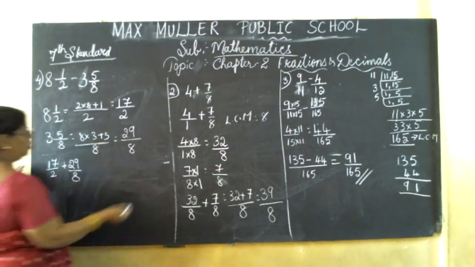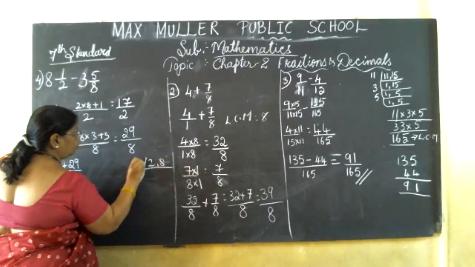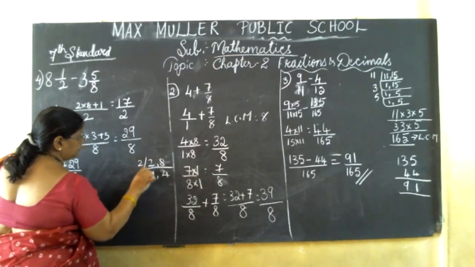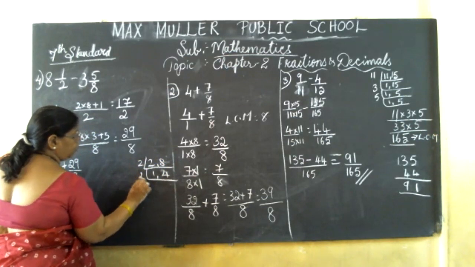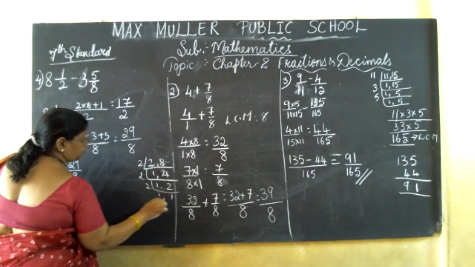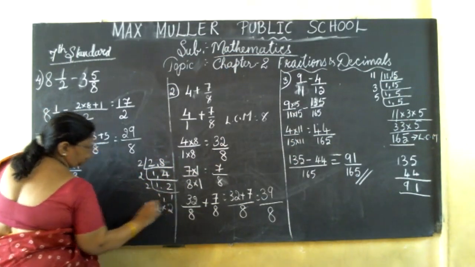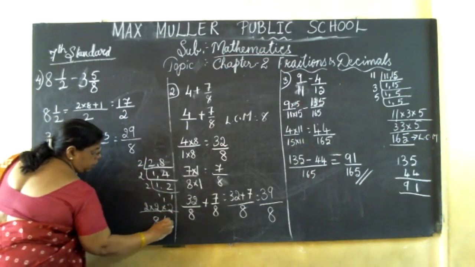Now we have to take the LCM of 2 and 8. 2 ones are 2, 2 fours are 8, again 2, 2. So 2 into 2 into 2. 2 twos are 4, 4 twos are 8. 8 is your LCM.